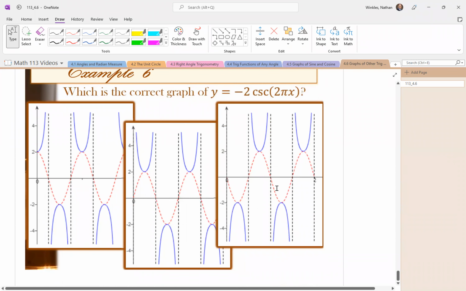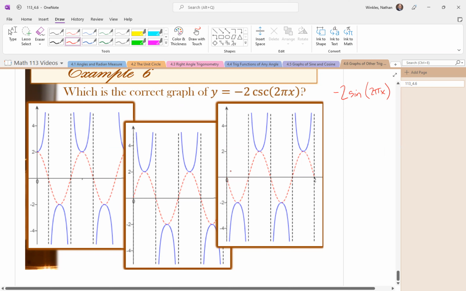In this case, which is the correct graph of y equals -2 cosecant of 2 pi x? The first thing we know is that -2 cosecant references a graph similar to -2 sine of 2 pi x. So when x is 0 or 1, this is going to be sine of 0 or sine of 2 pi, which is still 0.